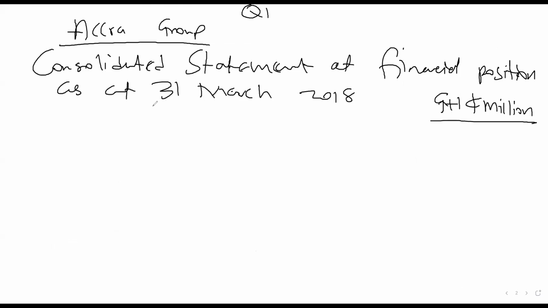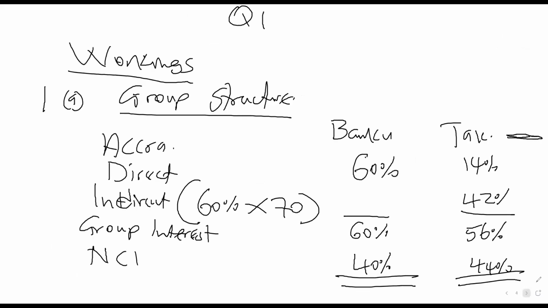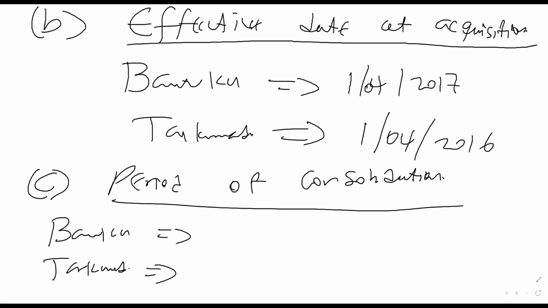Go back to your requirement. The date is here, 31st March. So trace each of the acquisition dates from 1st April 2017 to 31st March 2018. How many years?